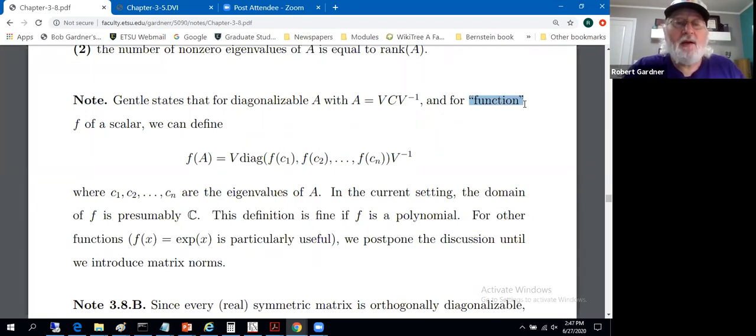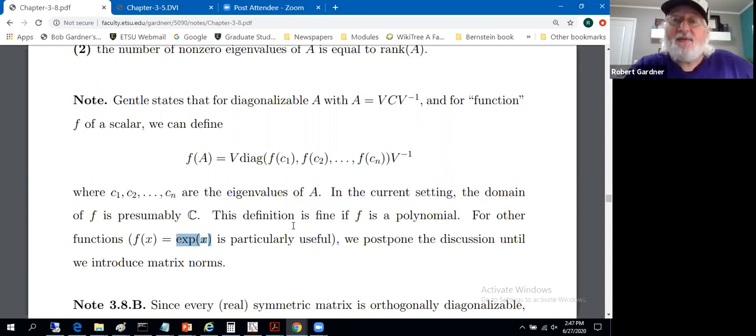I'm okay with that. Exponential functions can be written in terms of series, which ultimately just involve raising the argument x to powers. Take a power series for the exponential function. Hey, it's 1 plus x plus x squared over 2 plus x cubed over 3 factorial and so forth. Well, I could plug a matrix into that and raise a matrix to any power you like.